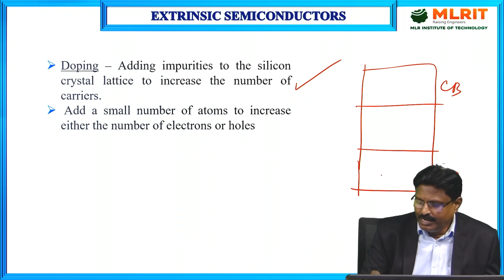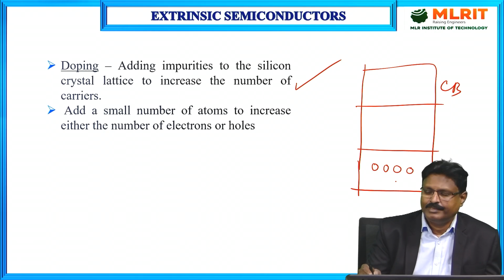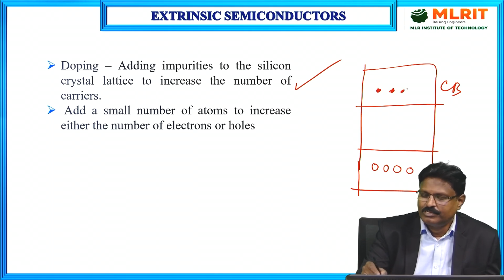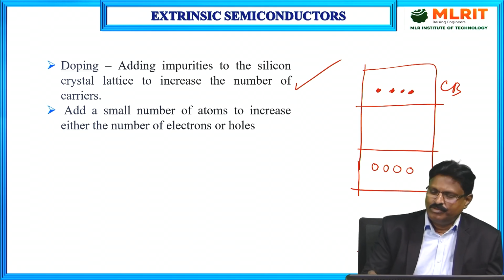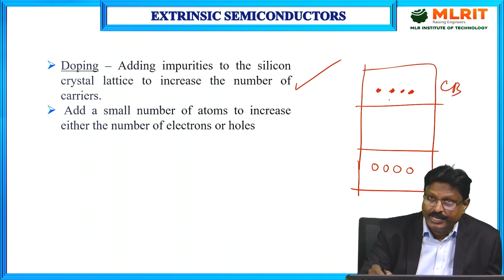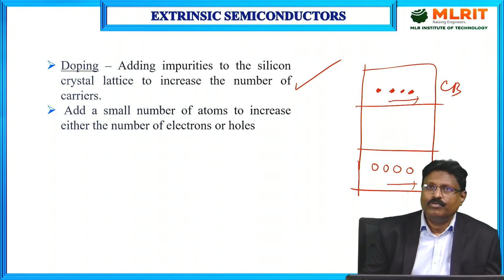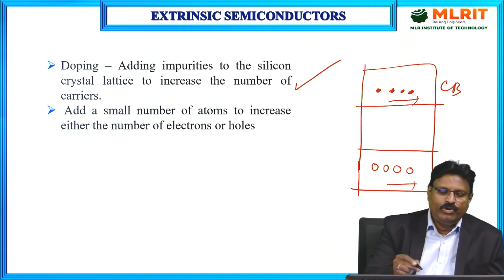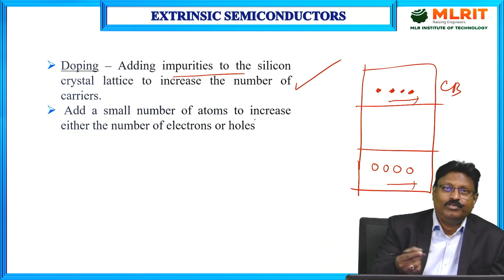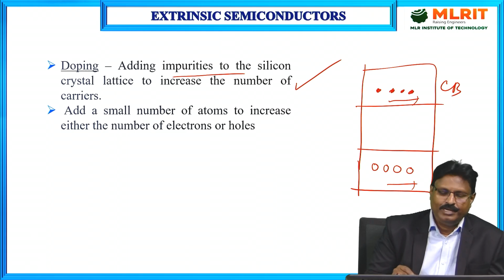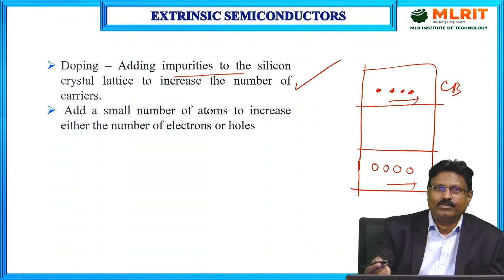So one way is to increase the number of holes in the valence band, or otherwise to increase the number of free electrons that jump from the valence band into the conduction band. This will happen when you dope impurity atoms into the silicon system, so that we can increase the number of electrons or the number of holes.